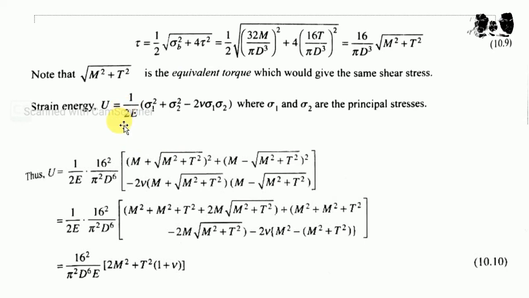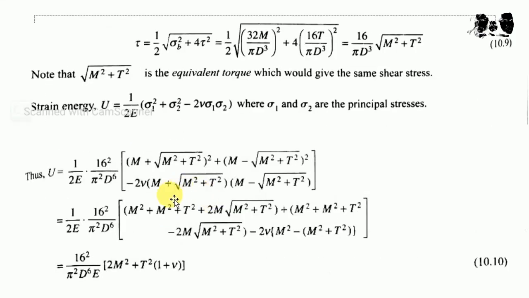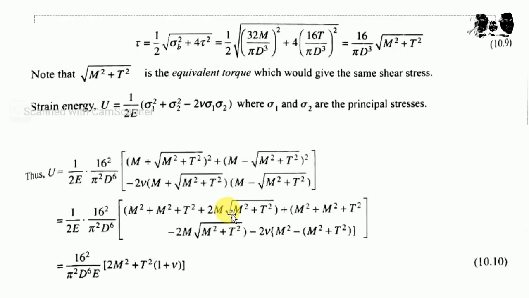If anyone would like to know how this equation and the principal stress equation are derived, make a comment in the comment box below the video, so I can make a video on these two topics.